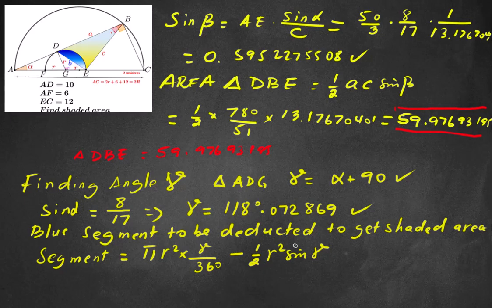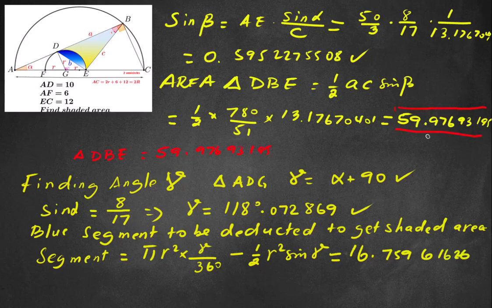We plug in all these values and find that the segment has a value of 16.75961626. Very good. So now we have the two areas we wanted to subtract, and it becomes a short affair.